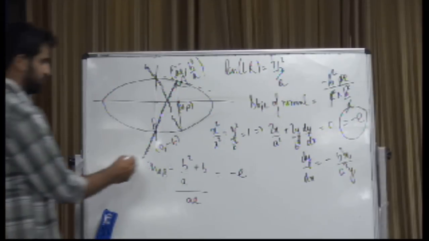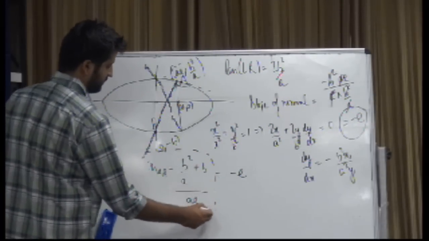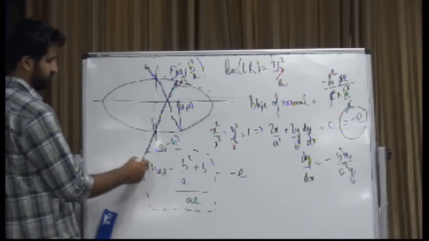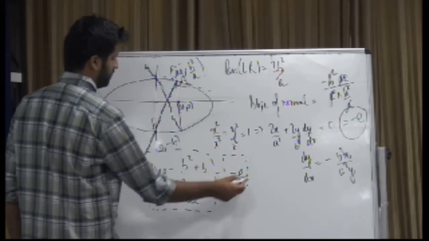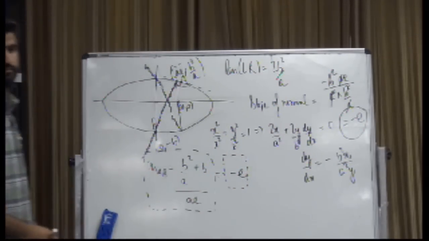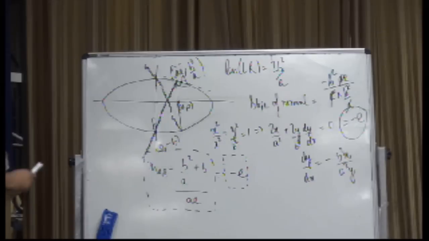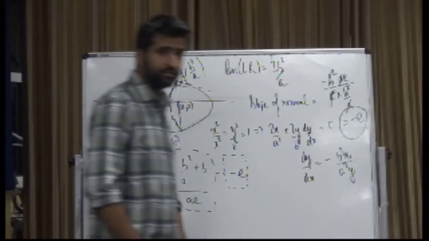So this is the slope of the chord, and this we know is the slope of the normal. You can equate these two and try to figure out how to find the eccentricity here.